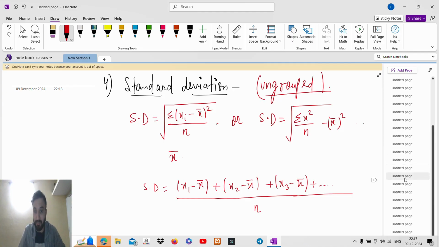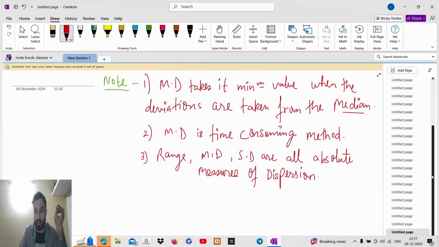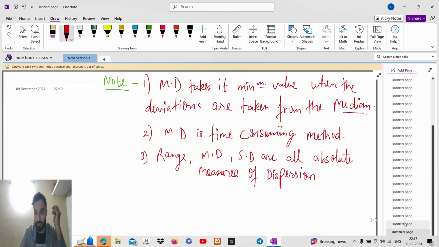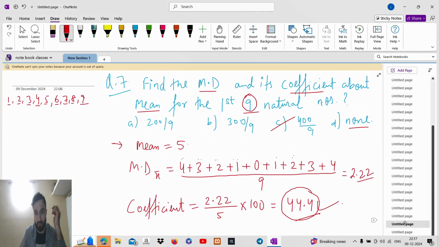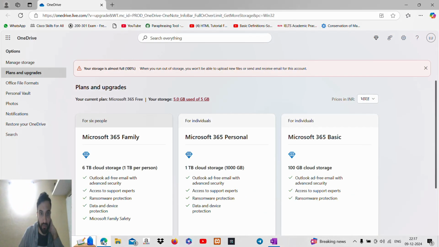But in mean deviation we have a mod. What the mod is doing is converting the negative value to a positive value.